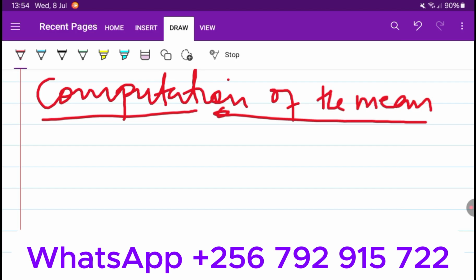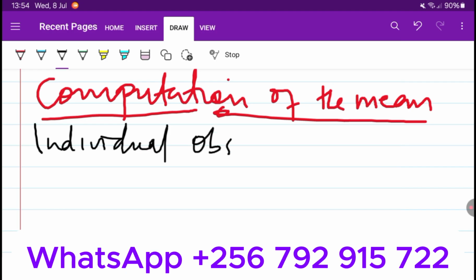If you are trying to find the mean, we have said to find the mean of a set of individual observations. Now we want to look at when we have what we call individual observations.